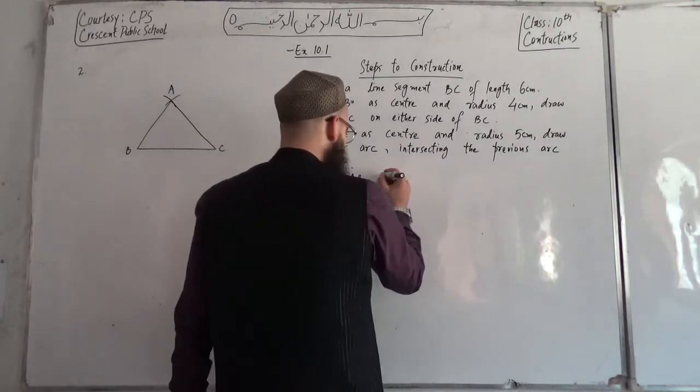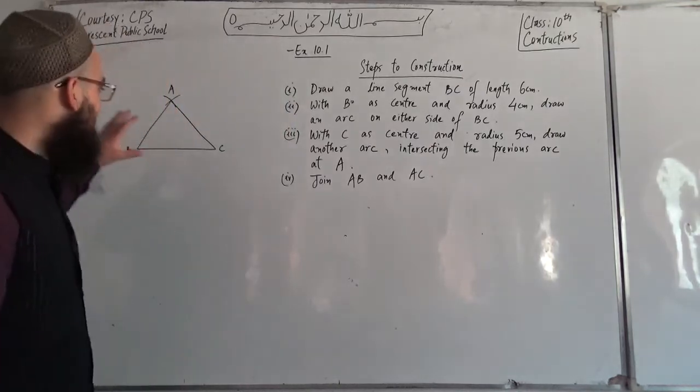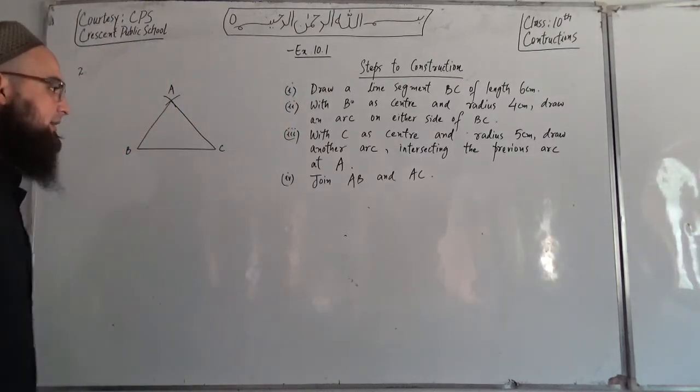Join AB and AC, so you get a triangle ABC.